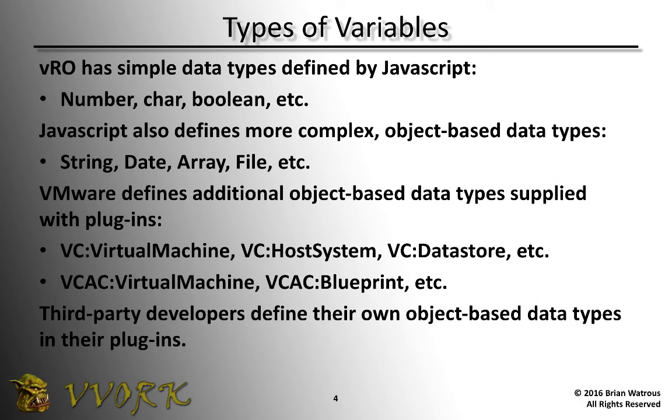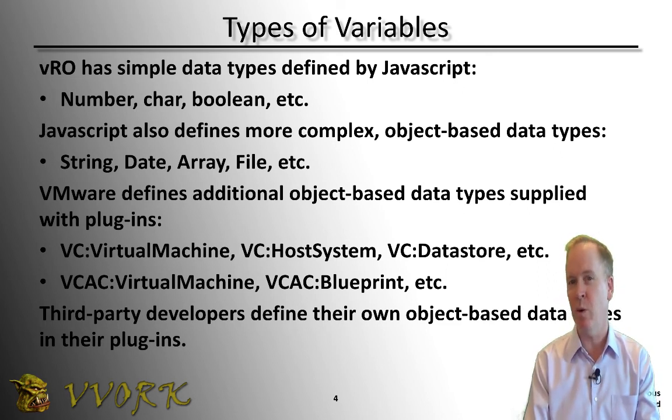Now any of those three different categories of variables, when you create them, they can be of different types. Now, vRO has simple data types, such as one of the data types is number. A variable that is of type number allows you to store, you guessed it, a number.